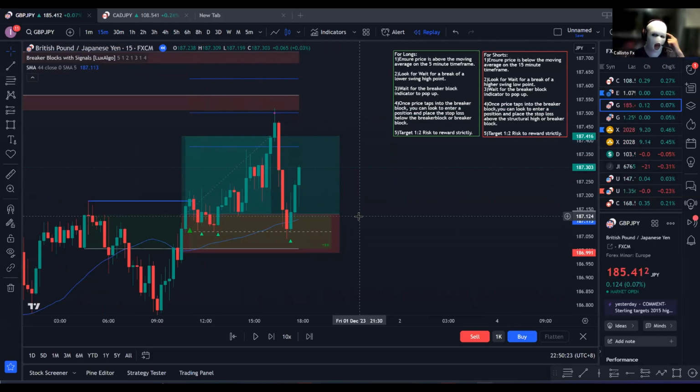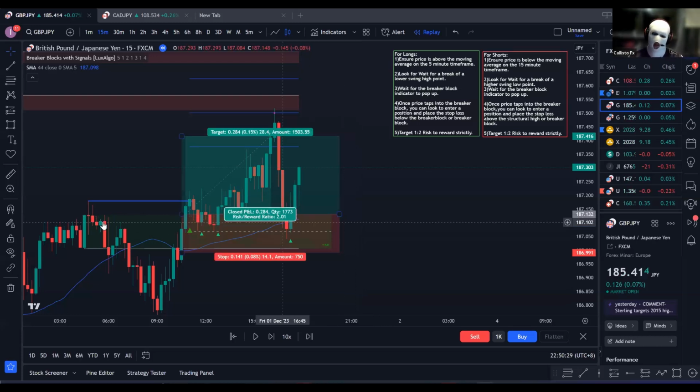And if your mental cannot take that, I would much rather you wait for price to come into the retest zone, which is your breaker block, and only then take a position once you see confirmation, which is a candle closing like this, wicking into it or tapping into it with not much volume. This would give you the confirmation to take a trade.